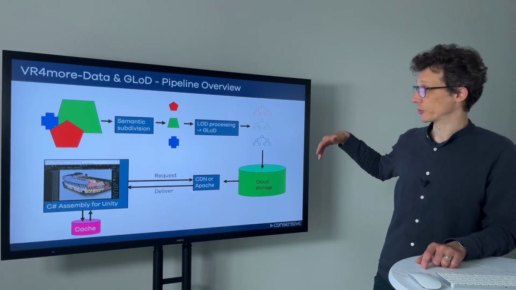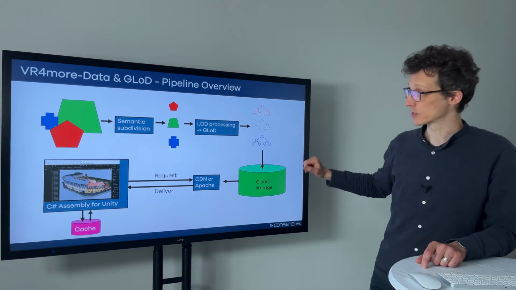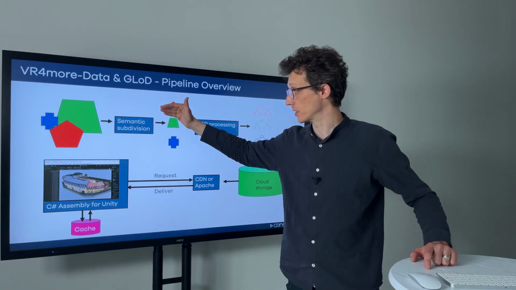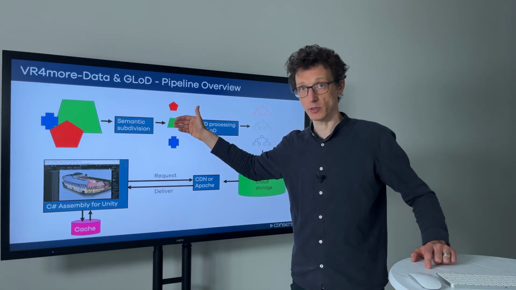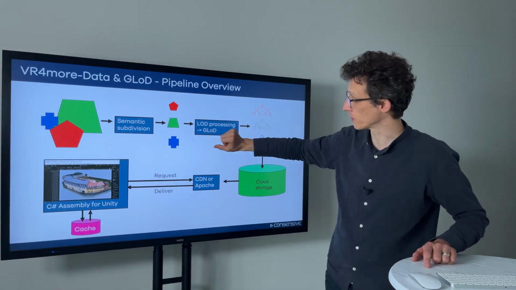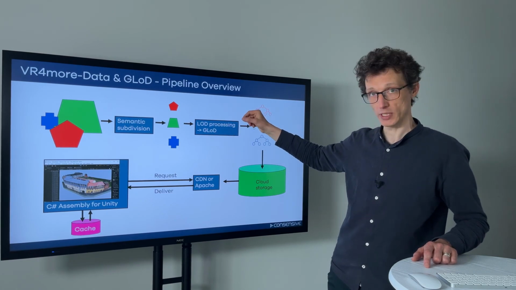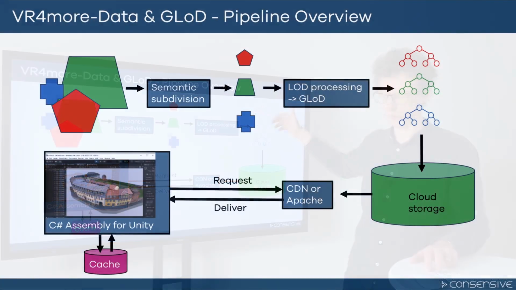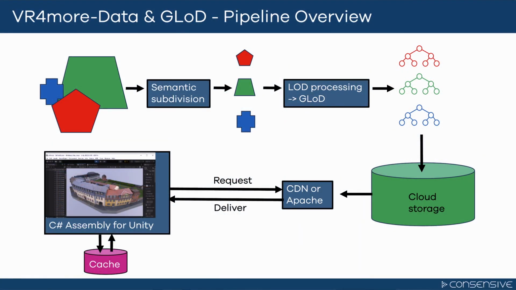The pipeline to create such an experience starts with the models from our clients, which we subdivide into semantic submodels. And if these semantic submodels are still too large, then we create our level of detail structure that we call GLoD. And that's where RapidPipeline kicks in to offer a very high quality optimization of this new format.